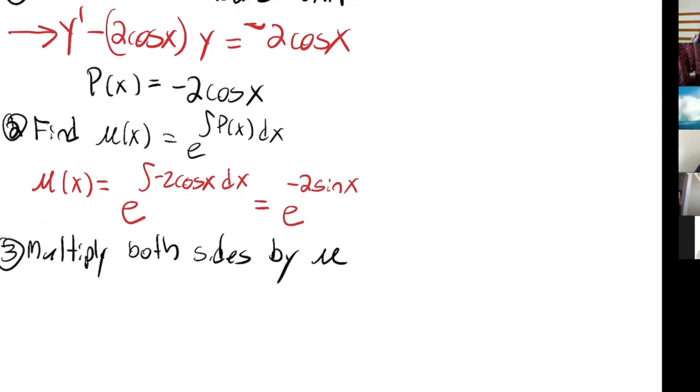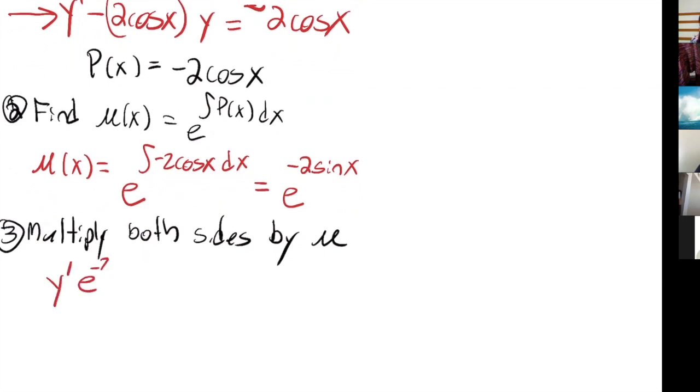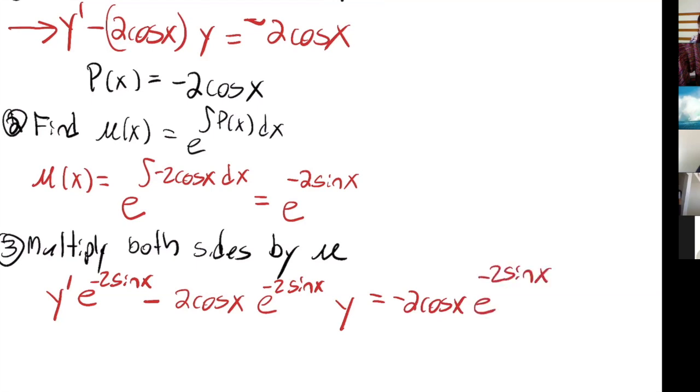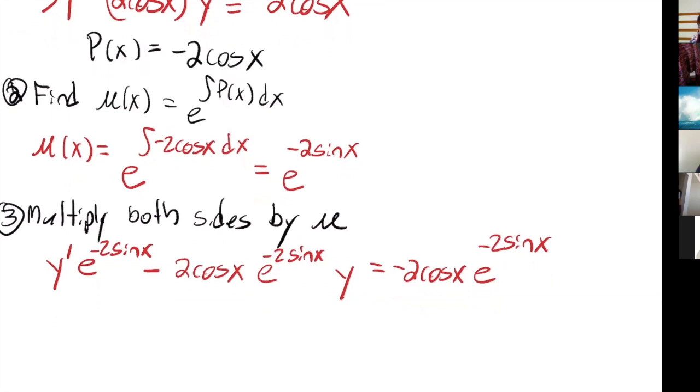And let's see, so that would mean we've got y prime times e to the minus 2 sine x, minus 2 cosine x times e to the minus 2 sine x y is equal to minus 2 cosine x times e to the minus 2 sine x. Okay, any questions? All I did was say we're going to multiply by this integrating factor, and we need to do it to every single one of these terms, all three of them. So that's where this term comes from.